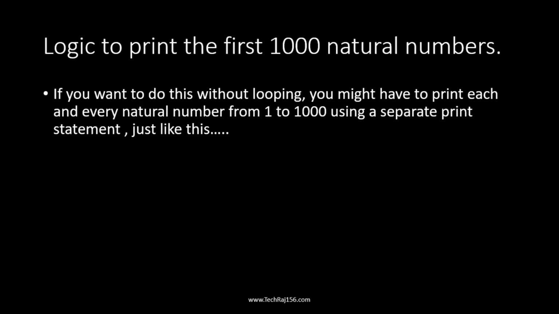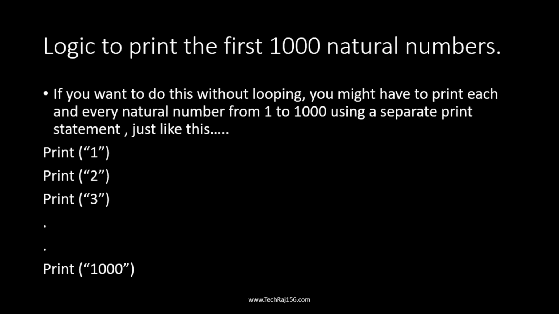Without looping, you would have to print each natural number from 1 to 1000 using a separate print statement: print 1, print 2, print 3, and so on until print 1000. That's going to give you 1000 lines of code, all of them print statements.